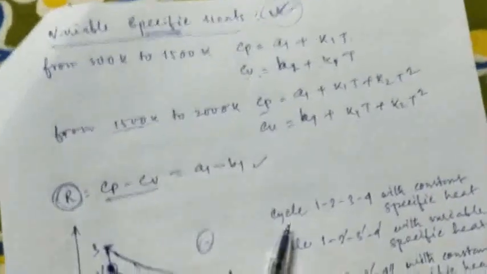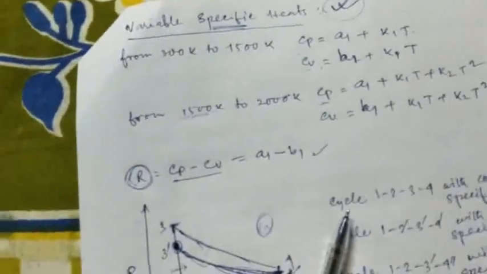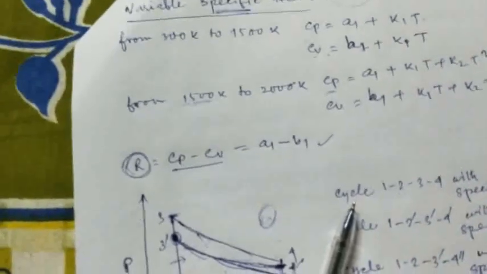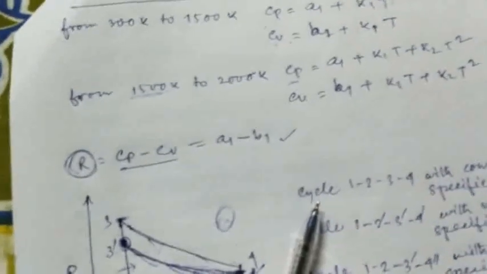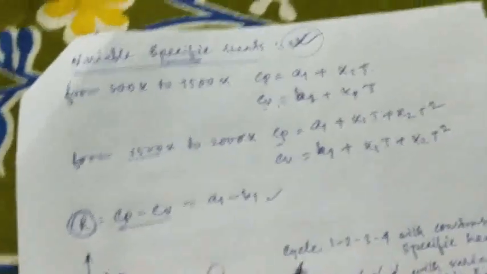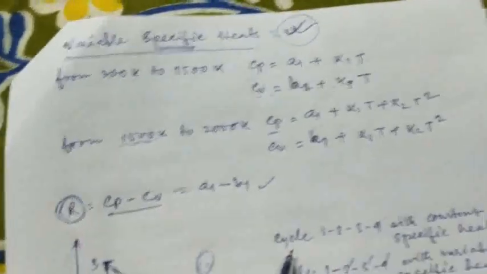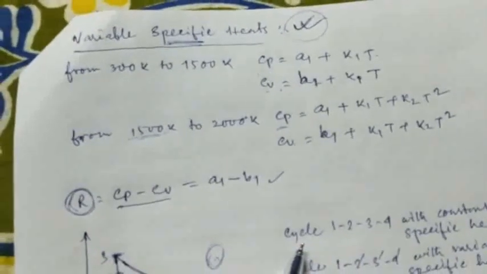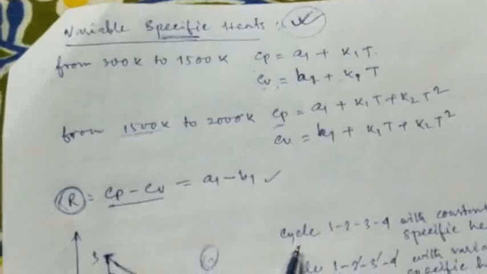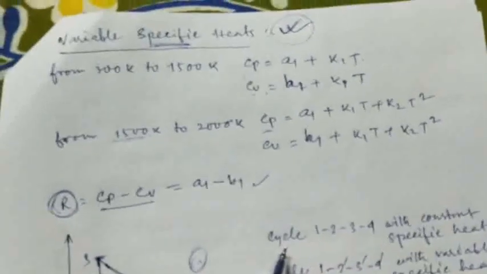Now all of you know what specific heat is. Specific heat is the amount of heat required to increase the temperature of the substance by 1 degree. Now, as I have told you, for all gases the specific heat will increase with increase in temperature.